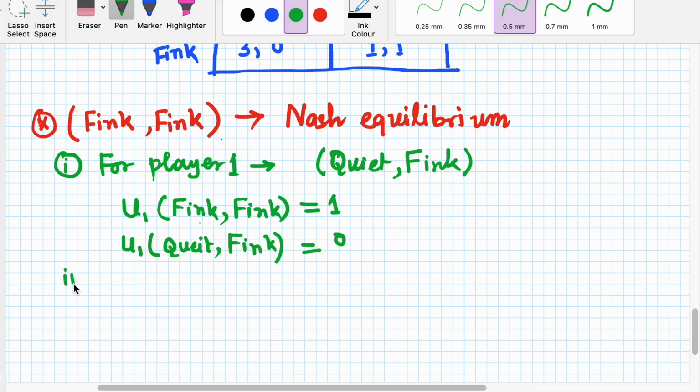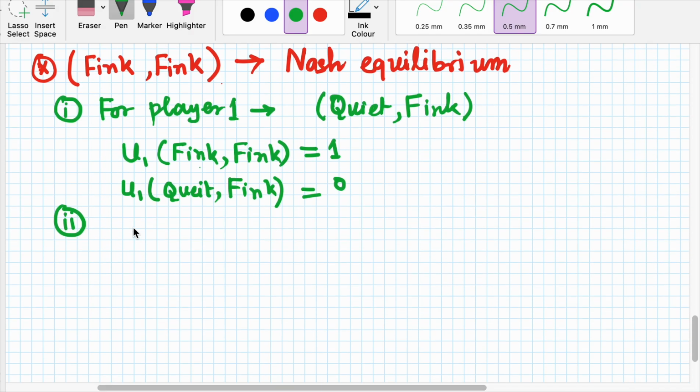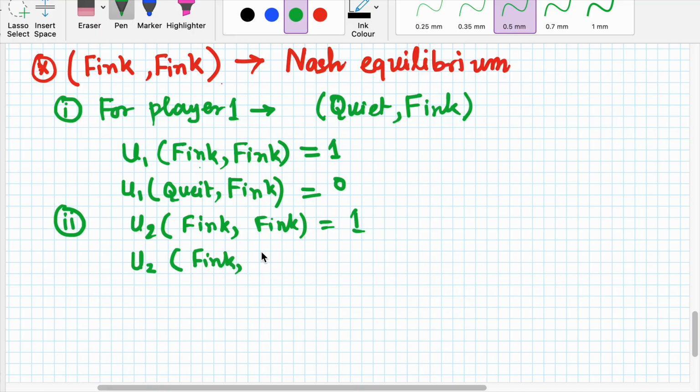So the property holds for player 1. We have to show that for every player there is no incentive to change her action unilaterally in order to gain in utility. For player 2, the same situation holds. Fink gives him 1. Will he change from fink to quiet when player 1 does not change her action?